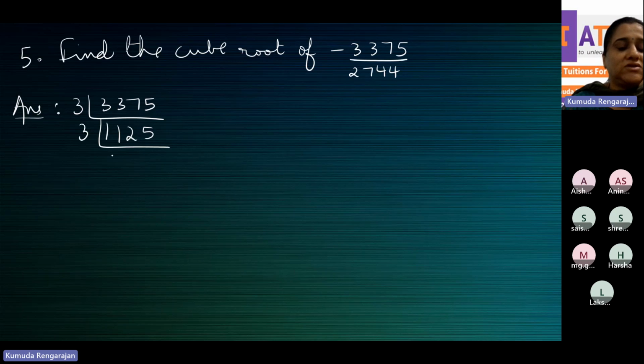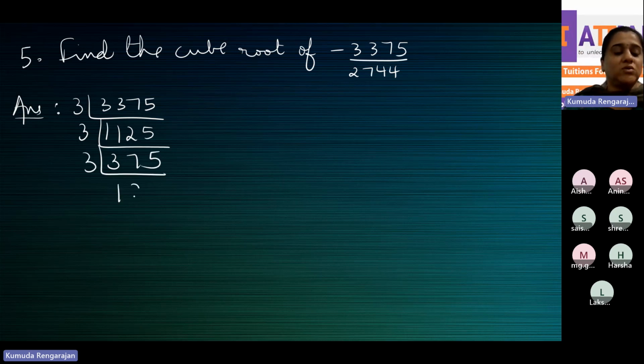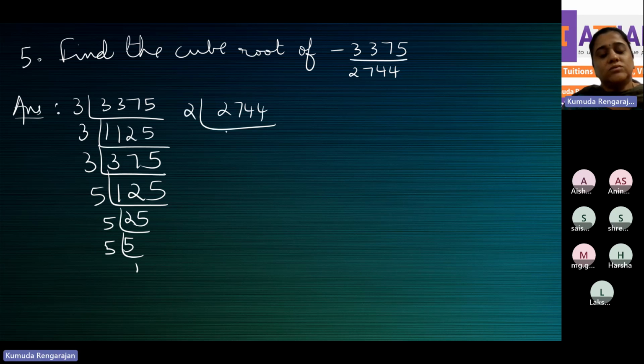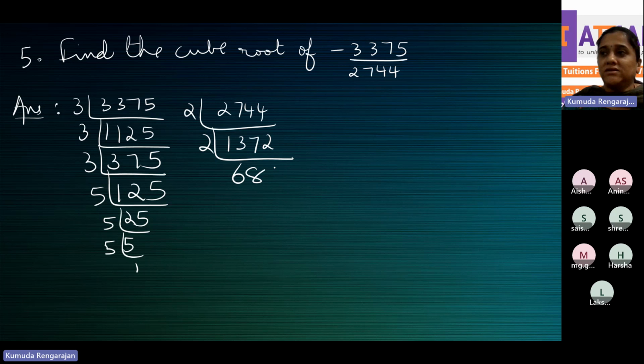3 threes are 9. 3 sevens are 21. 5 fives are 25. Similarly, 2744. 2 sevens are 14. 2 eights are 16.